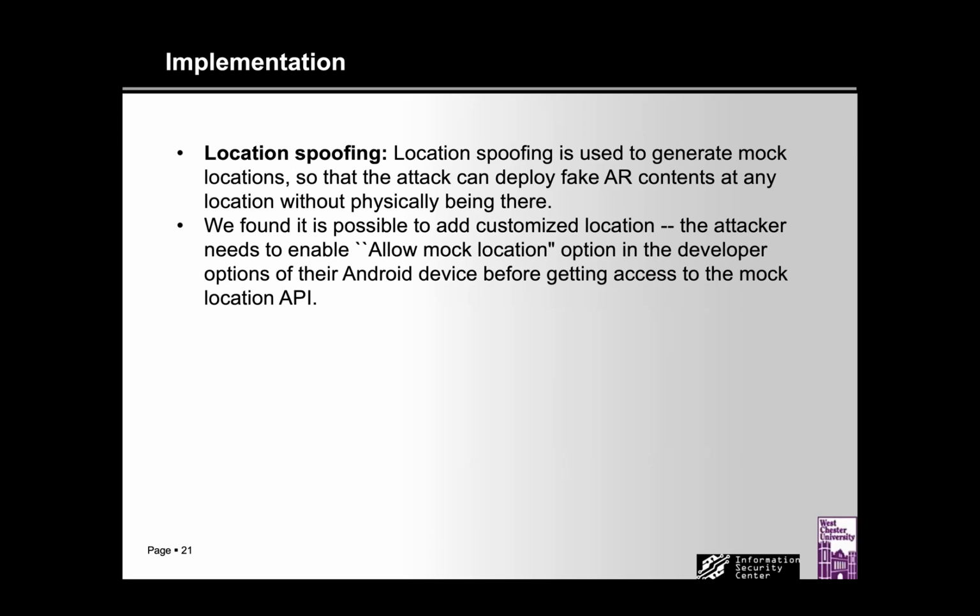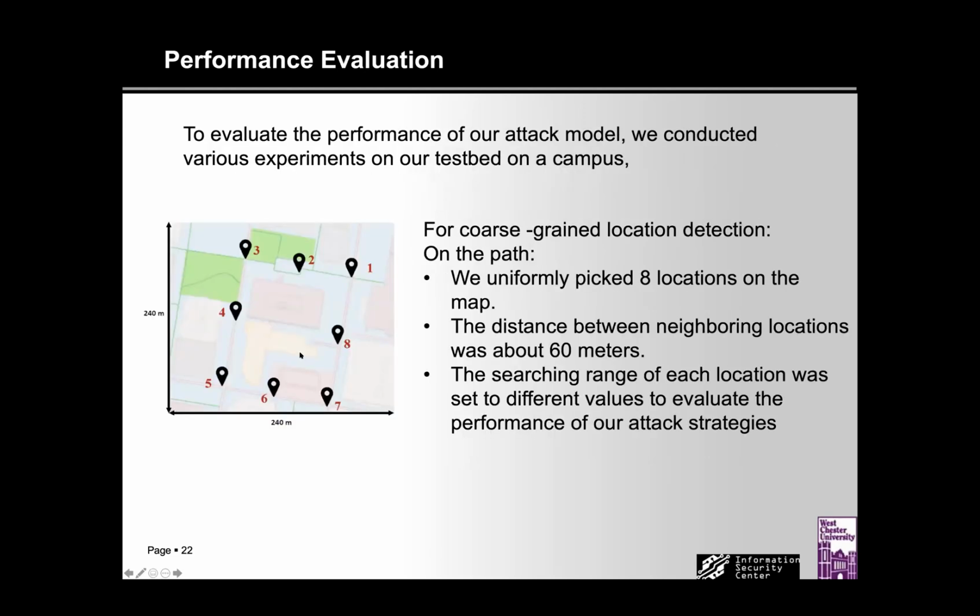And therefore, once we enable this option, the attacker can simply feed in any GPS locations and directly use that fake location to upload AR content to the cloud AR database. So here is the performance evaluation.